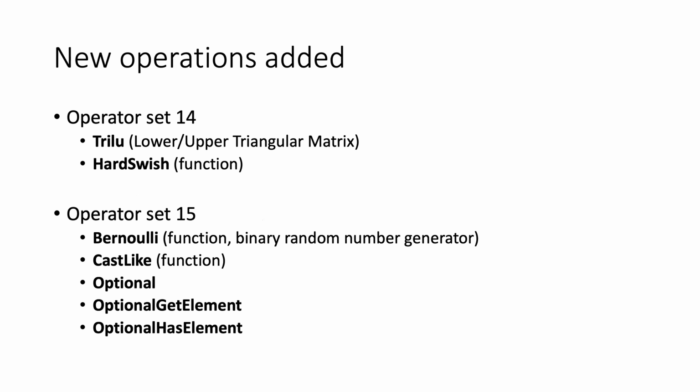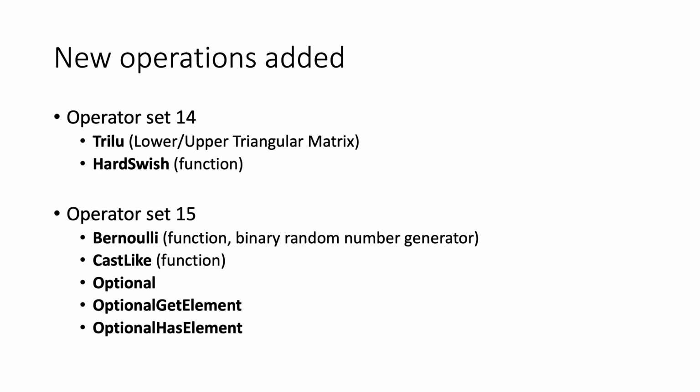with opset 14, we added a small number of new operators, just those two, but with 15, we added a few more. So with operator set 15, we added the Bernoulli random number generator as a function using other random number generating operators already available in ONNX.